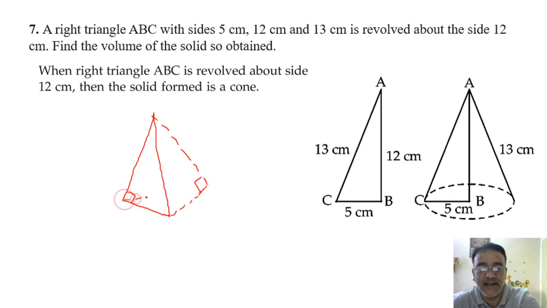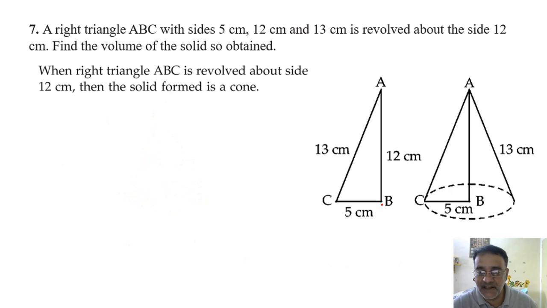We are going to get a double cone, above and below also. So this question is actually in 10th class, double cone. So in 9th class you only have to find the volume of the cone when we revolved around 12 centimeter and when we revolved around 5 centimeter. This question is when we revolved about the side 12 centimeter.